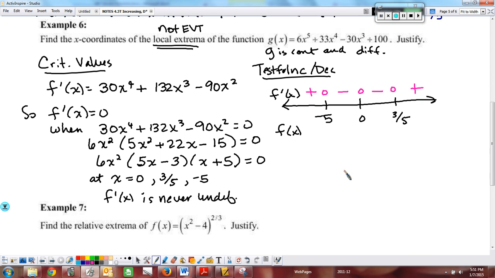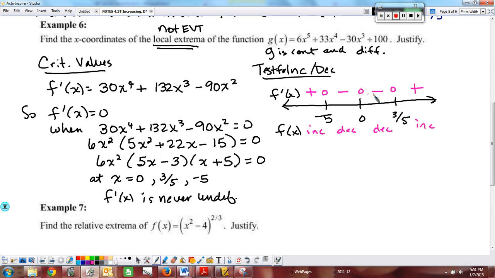You can test it if you want, whether these are positive or negative. That tells me that we have increasing, decreasing, decreasing, and increasing.